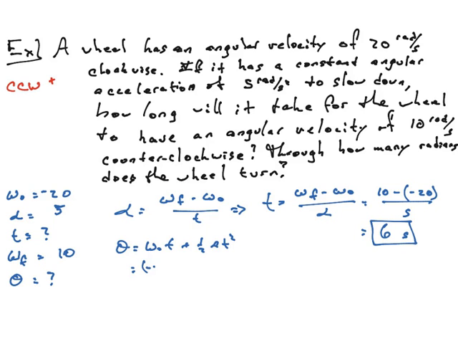What do I get? Negative 20 times t plus 1/2 times alpha times t squared. So negative 120, 36 divided by 2 is 18, 18 times 5 is 90.